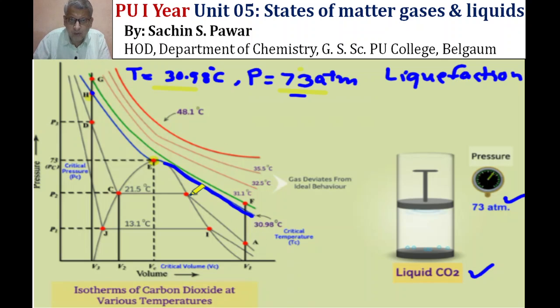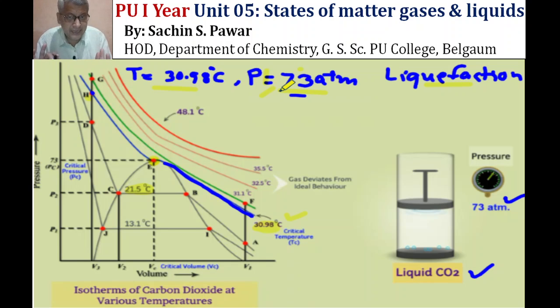So carbon dioxide liquefies at a temperature of 30.98 degrees Celsius and at a pressure greater than or equal to 73 atmosphere.